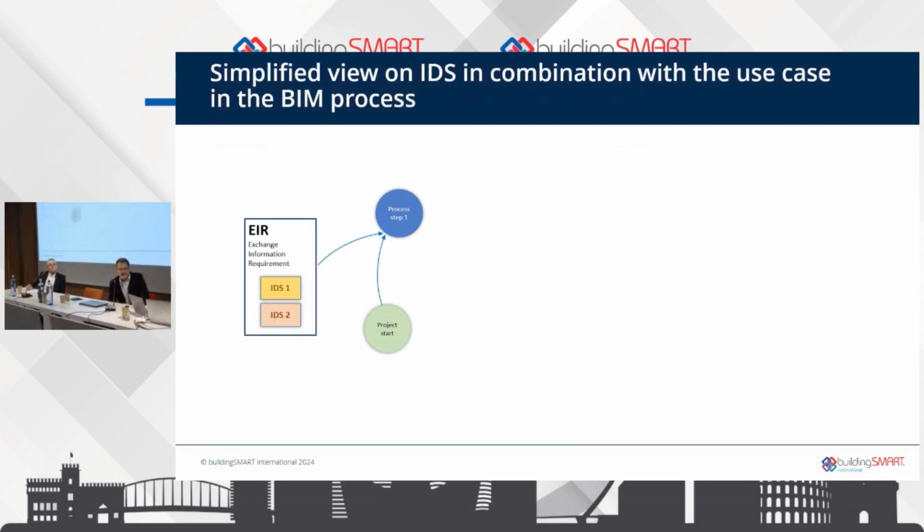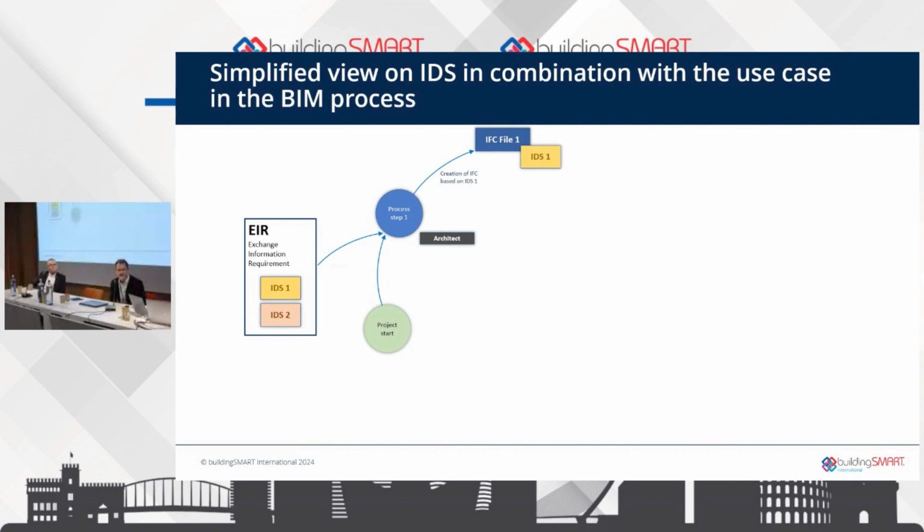So if a project starts, then you have the exchange information requirement in the beginning, where you define what will happen or should happen in the project. And there you can already define, okay, we have to use IDS 1 and IDS 2, which is a representation of the information we define for a use case, but not all the optional information, just the necessary information.